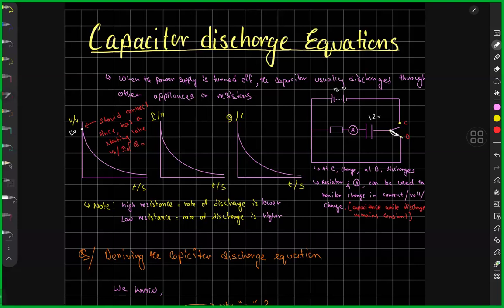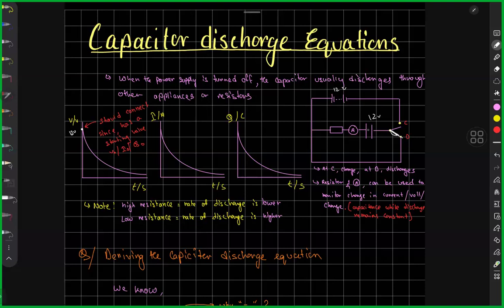Discharge takes place. And it looks like a typical y equals e to the power minus x curve. Similar to it. Okay. Now, why does it look like this? You will ask. Well, initially, the potential difference, or the power supply, call it, or the voltage is maximum, 12 volt.